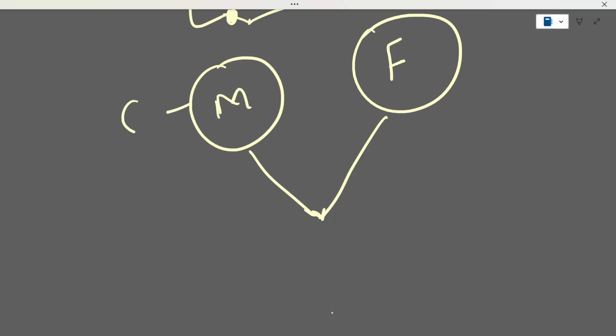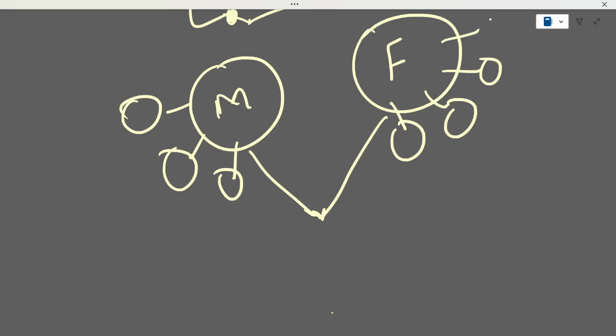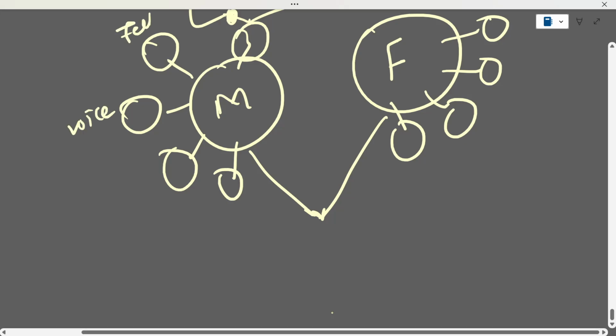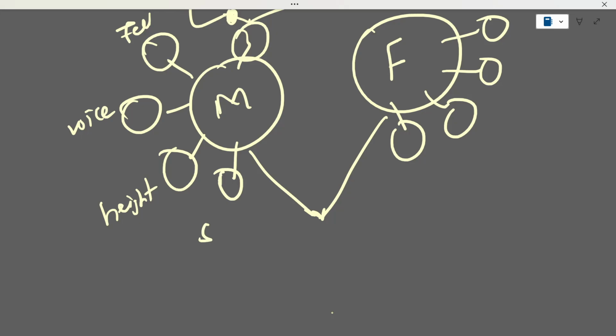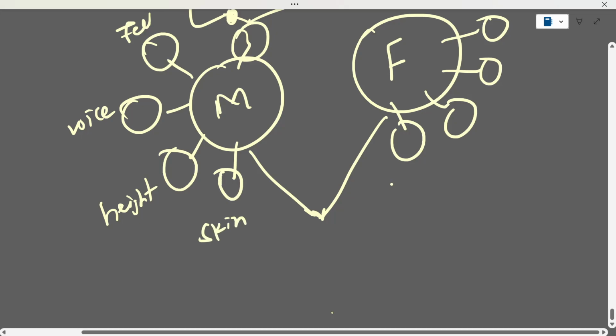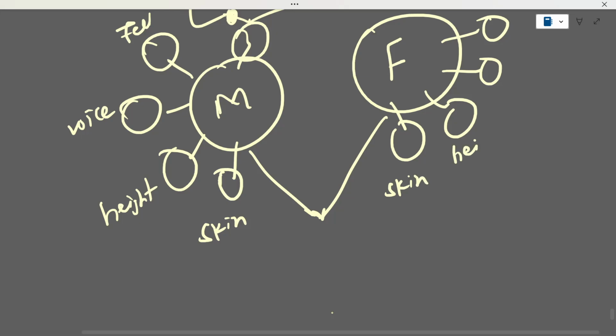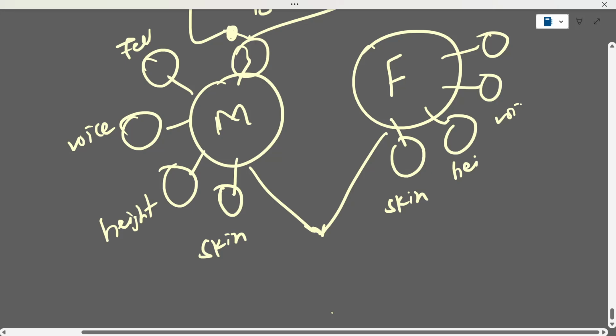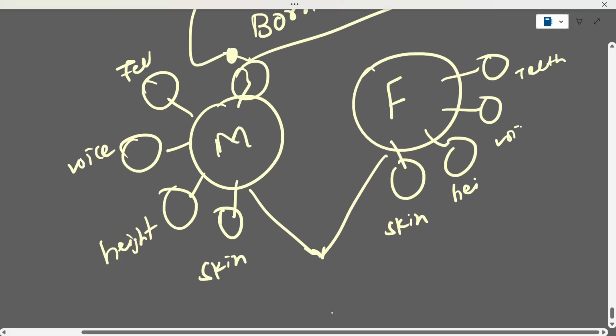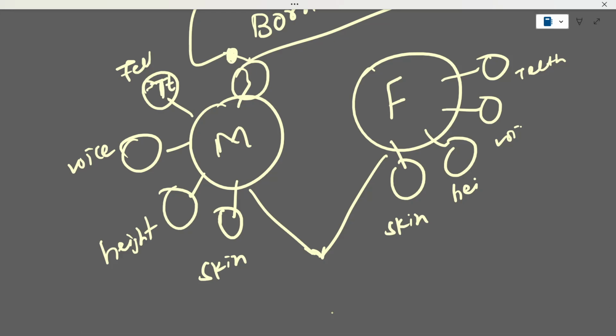So here, your mother carries a lot of genes, a lot of variations for a gene. Let's say it is for teeth, voice, height, skin, and the same corresponding in your father: skin, height, voice, then teeth. Now they themselves have their traits in the form of alleles.